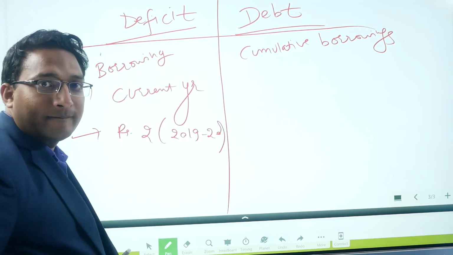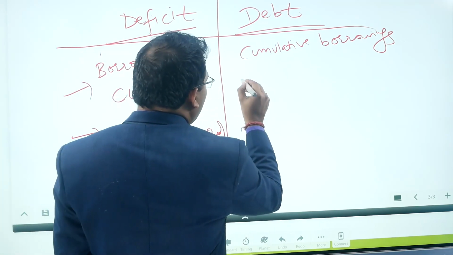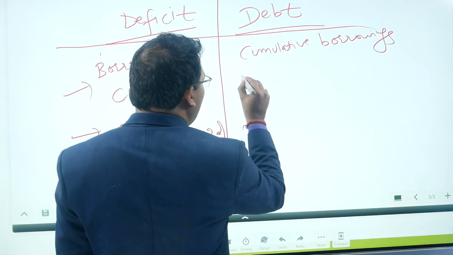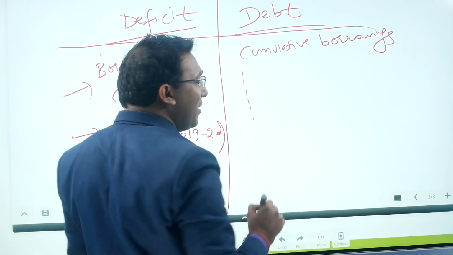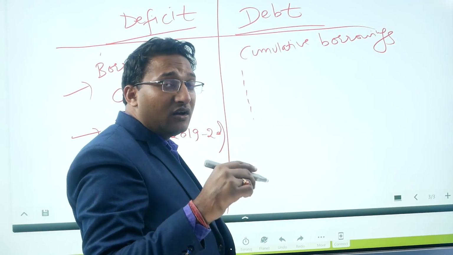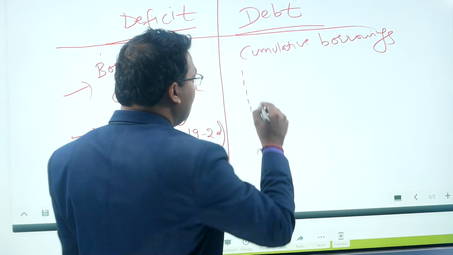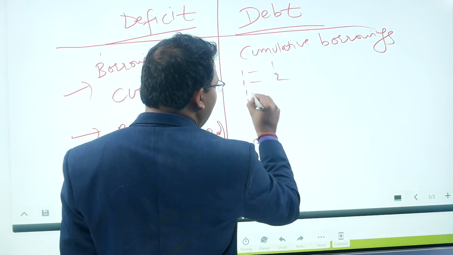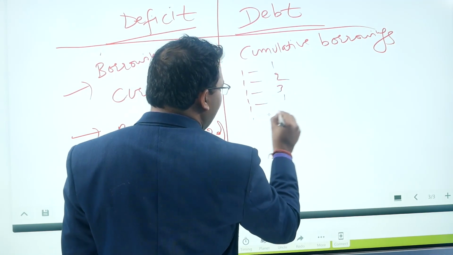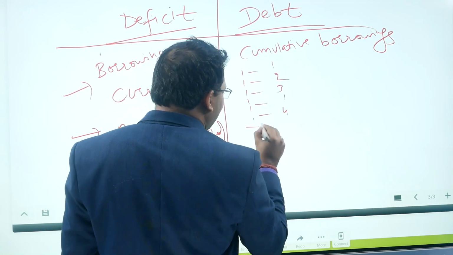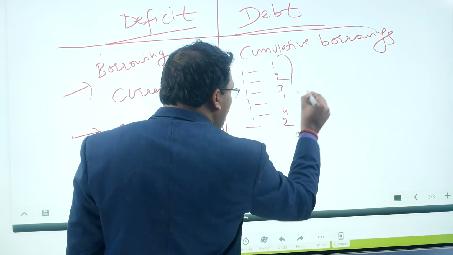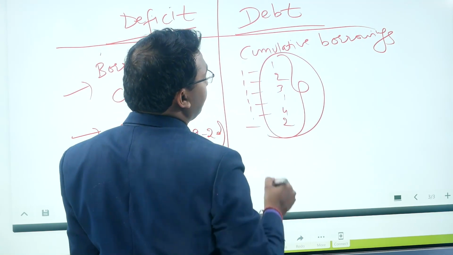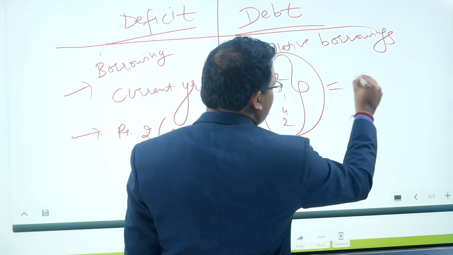This is the deficit. Debt is the cumulative borrowings of the government. For the past many years, the government has been taking a loan every year for that particular year's deficit. In year 1, the government took a loan of 1 rupee, then 2 rupees, then 3 rupees, then 1 rupee, 4 rupees. In the current year, it took a loan of 2 rupees. So the totality of all the deficits, this is debt.